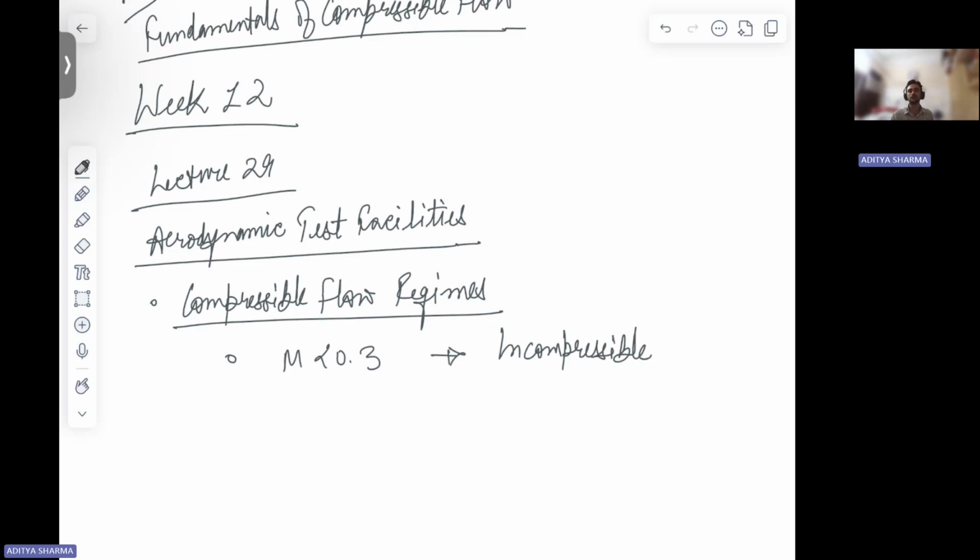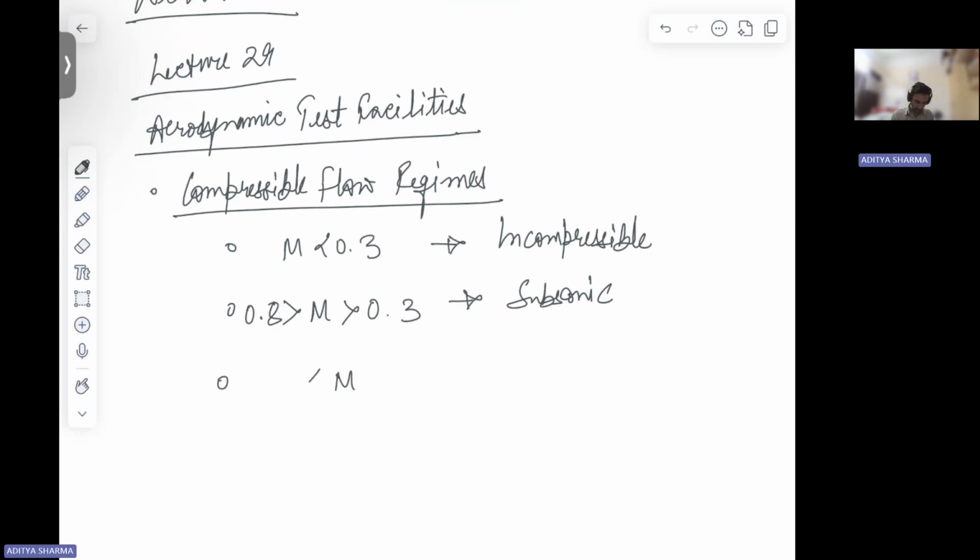The density variations are not considered significant. Then if your Mach is greater than 0.3 and within 0.8 Mach, we call it subsonic.